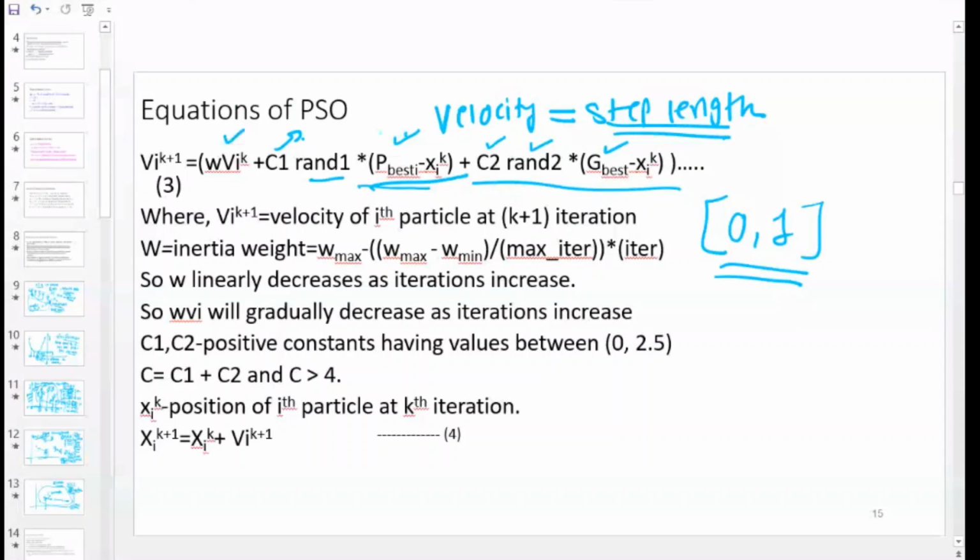So current position of the particle is subtracted from the global best position of the particle. This first term, second term, and third term are added together to determine the step length of every particle.